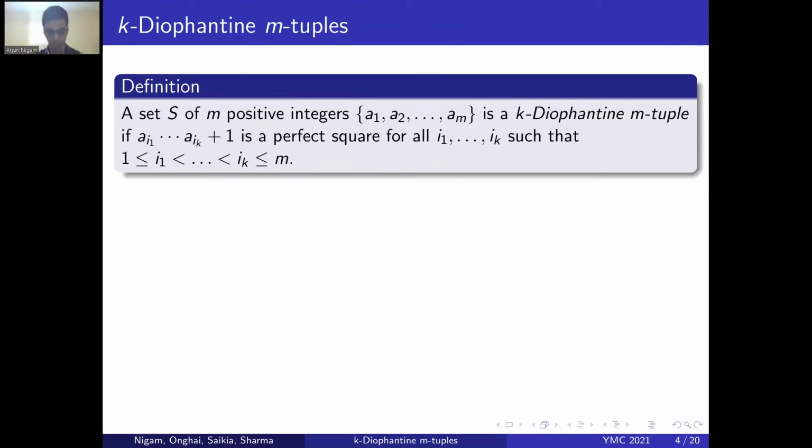So now our generalization: we considered k-Diophantine m-tuples. A k-Diophantine m-tuple is a set S of m positive integers such that the product of any k distinct elements of the set plus 1 is a perfect square.